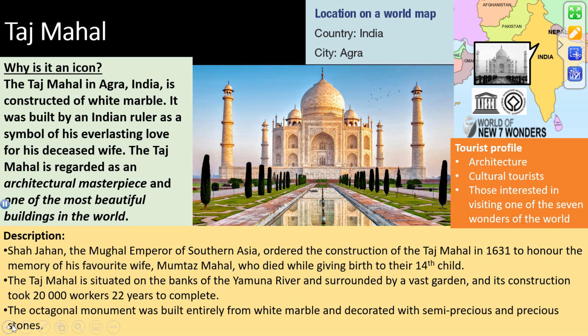This is also a monument that is octagonal, the same as the Dome of the Rock, which means it has 8 sides, built entirely from white marble, and it is also decorated with precious and semi-precious stones. Anybody wanting to visit the Taj Mahal would be visiting one of the 7 wonders of the modern world, and the other tourists would also be tourists interested in architecture and culture.